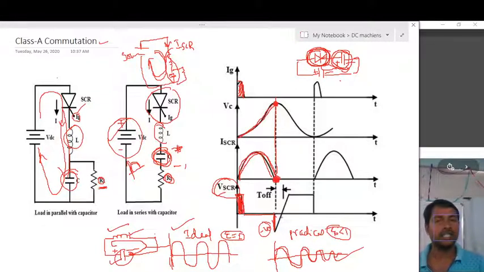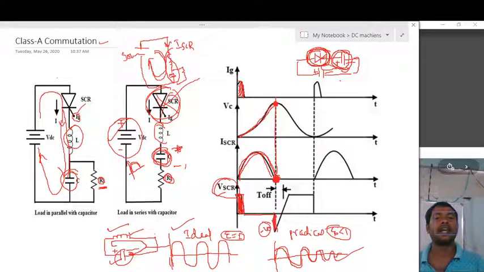So our condition is the current through the SCR should be zero and then a negative voltage applied, then the SCR will be turned off. Here the current will be zero at the natural zero point, and negative voltage is applied, so the SCR will be turned off.